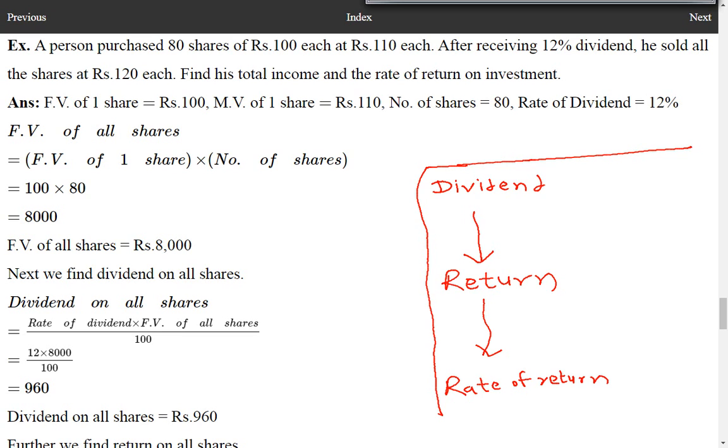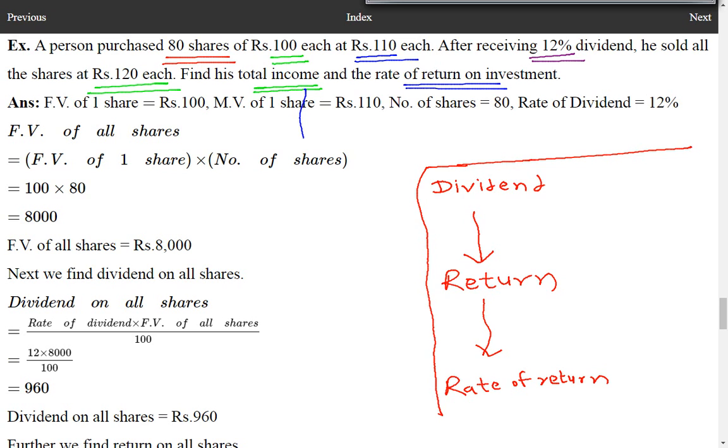So let us see the statement of the example. It is given that a person purchased 80 shares of rupees 100 each at rupees 110. After receiving 12% dividend, he sold all shares for rupees 120 each. We have to find his total income and rate of return on investment.